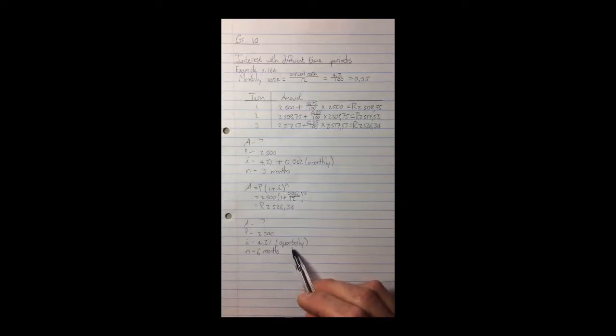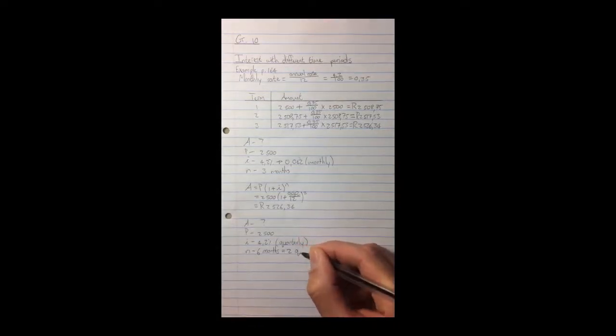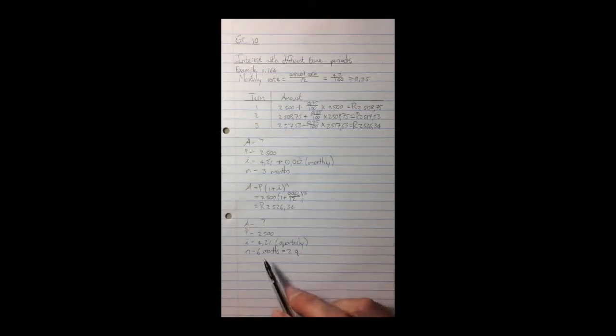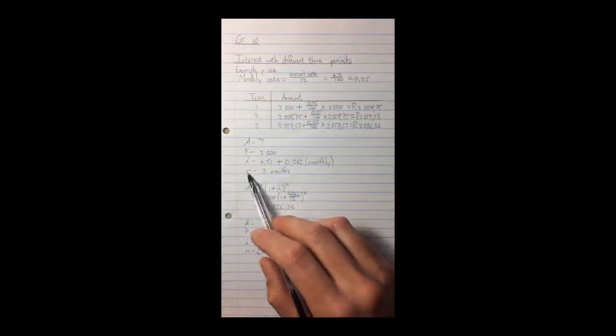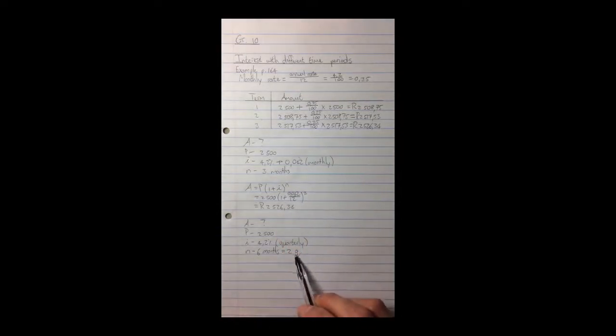So how many quarters will 6 months be? Well, 6 months is half a year, so it will be 2 quarters. The number of terms has to be in terms of quarterly. With the previous one, the number of terms had to be in terms of monthly, 3 months. So now we have 2 quarters.